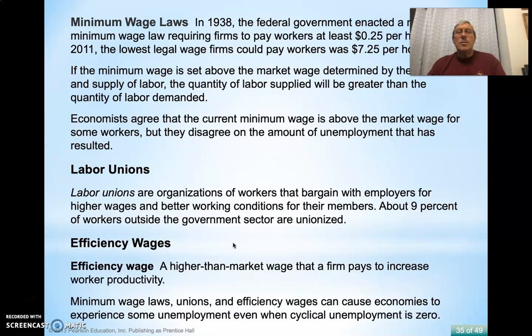Another impact is the minimum wage laws. You know that they are continually going up. You also know that they have an impact on the equilibrium, creating artificial spikes in competition. Labor unions are another aspect of unemployment and labor, in that they are pushing for better working conditions and better pay.